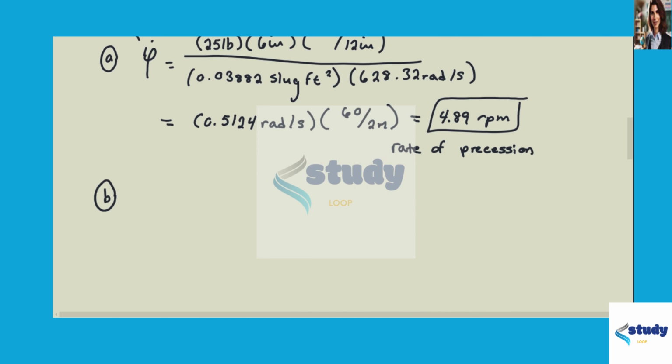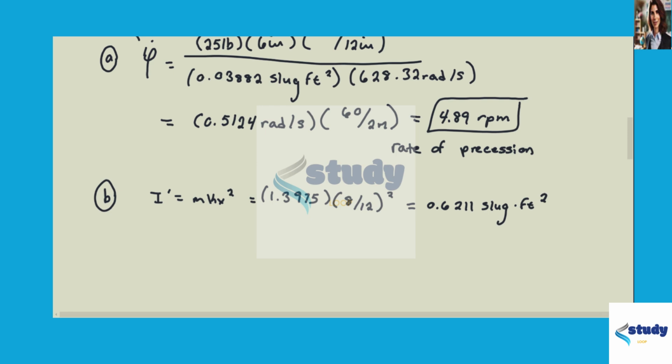Okay. And now for B, we have to find the moment of inertia about Kx, which looks like this. And in here we got 1.3975 times 8 divided by 12 squared equals 0.6211 slug feet squared.